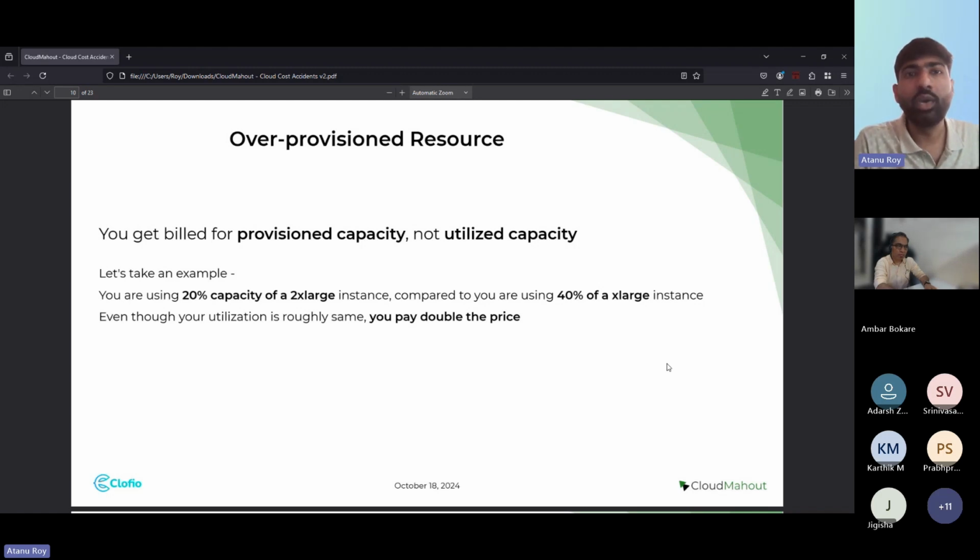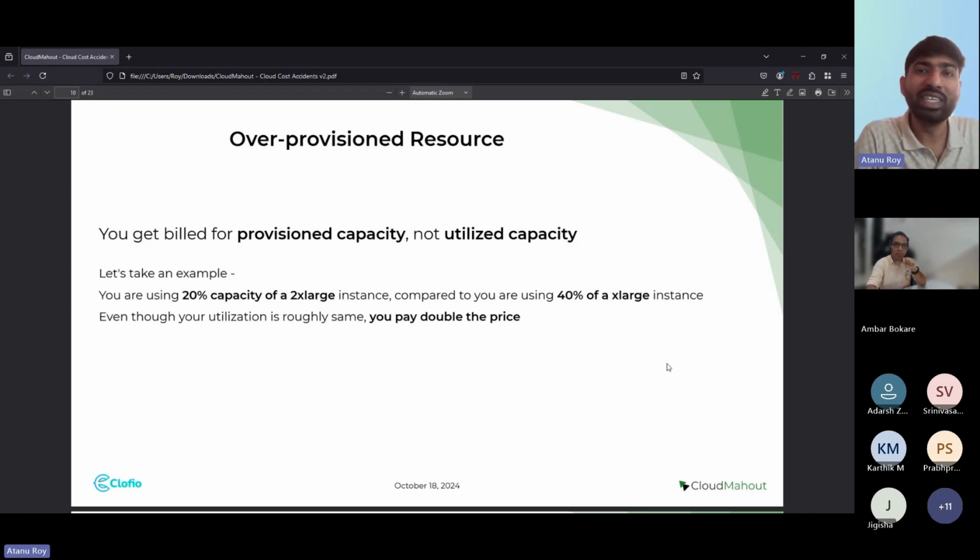Typically, what we have seen is that while deploying your infrastructure, optimistically engineers deploy bigger than what they need. Often that stems from the fact that they do not know what they need, right? So they provision a bigger resource in hope that they will not have any bottleneck during their research and so on.